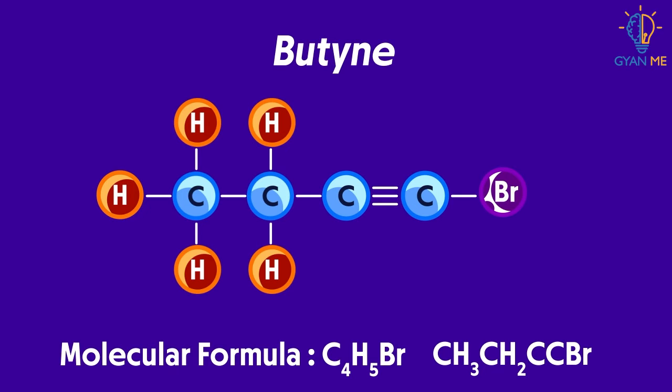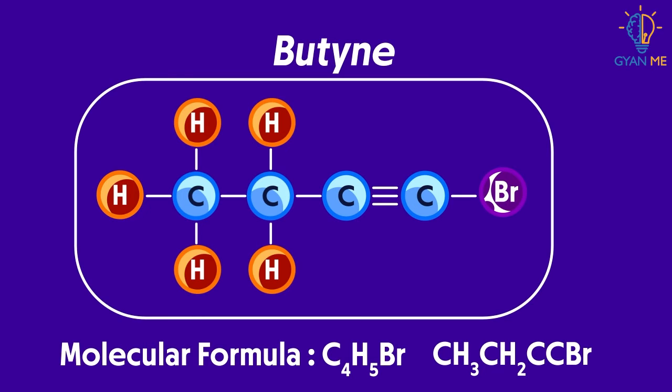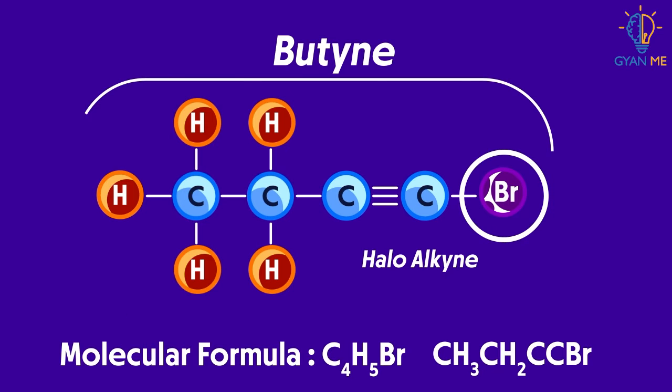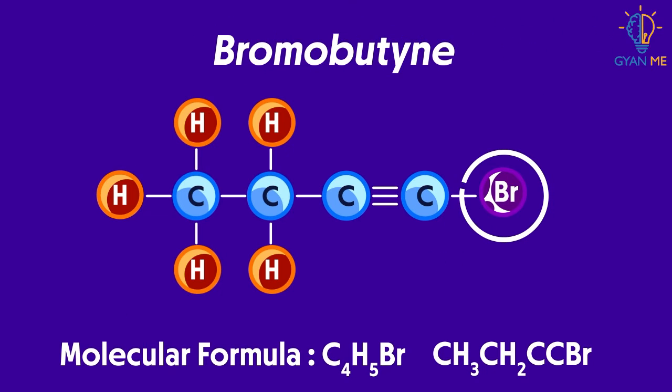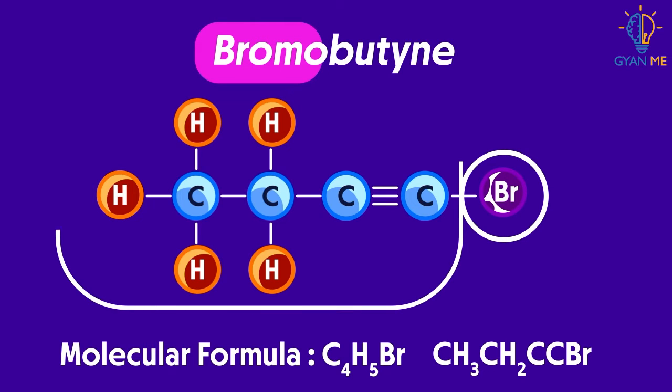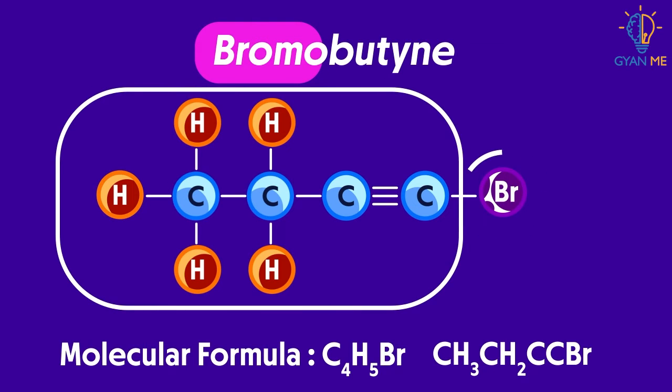Observe that here H is replaced by Br, which is a haloalkyne. So what will be its name? Correct. Since it is bromine which has replaced hydrogen, it will be bromobutyne, where bromo is a prefix for halo group bromine and butyne is the parent compound chain.